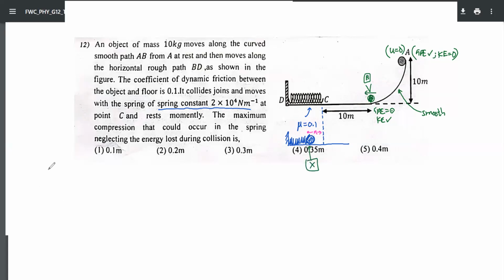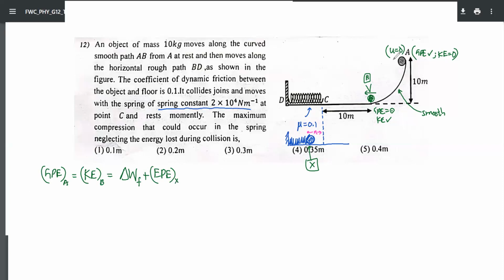Gravitational potential energy at A is equal to kinetic energy at B. The total kinetic energy at B is equal to what? Work done against friction plus elastic potential energy at x.